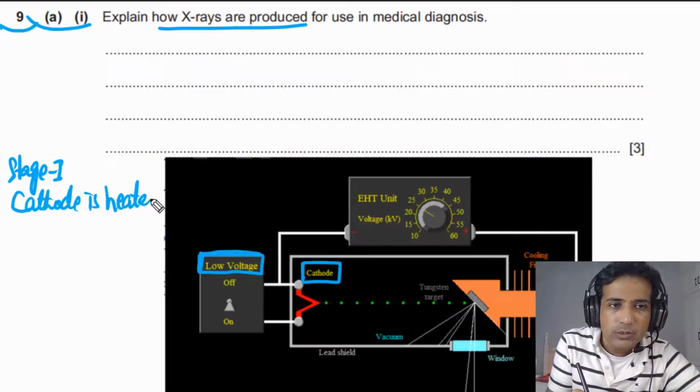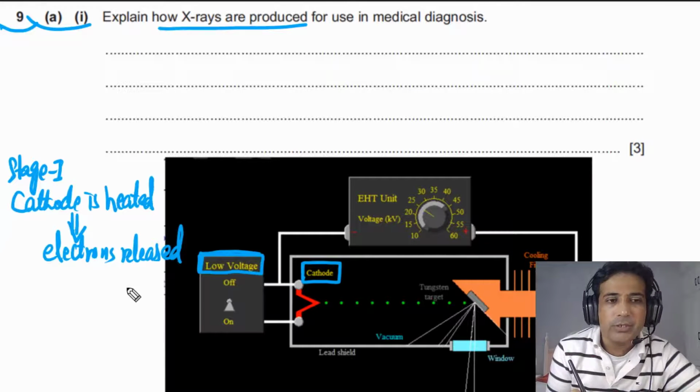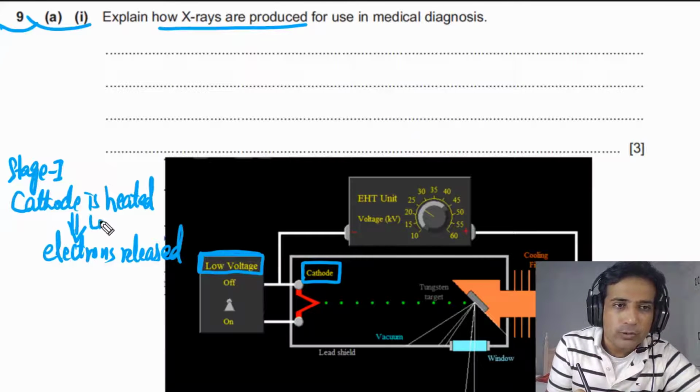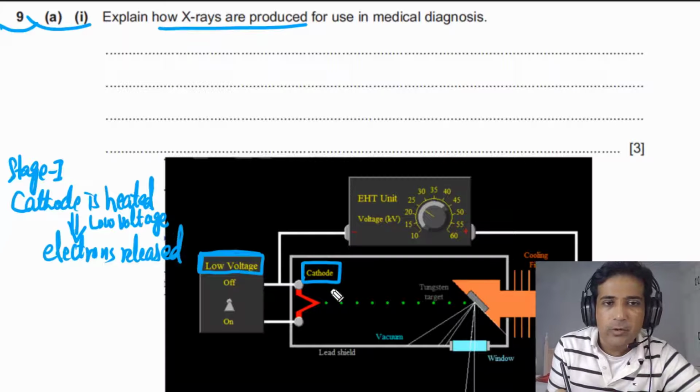As the cathode is heated, electrons are released. In this case, low voltage is used to release electrons from the cathode.